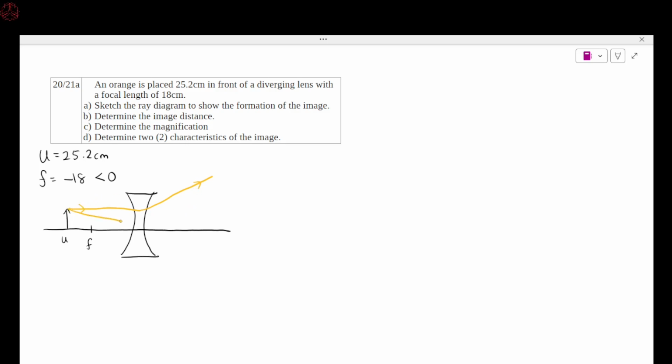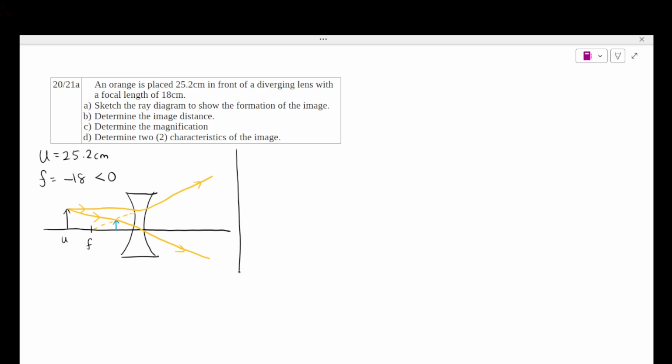And then the second one I'm going to draw right through the middle, in this direction. Now I can see that my image, let's use blue, is going to be over here. The blue one is my image.